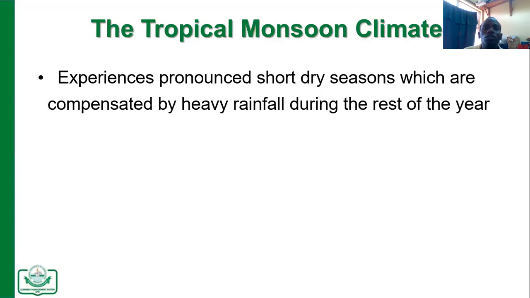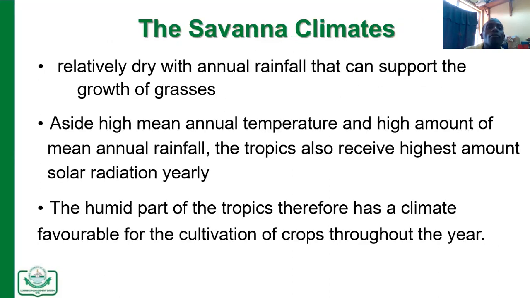The second one is the tropical monsoon climate. In the tropical monsoon climate, it usually experiences pronounced short dry seasons. Then later, this can be compensated with heavy rainfall during the rest of the year. Then the savanna climate. Savanna climate is usually relatively dry with annual rainfall that supports growth of grasses. From the word savanna, I hope you know, it is a grassland.